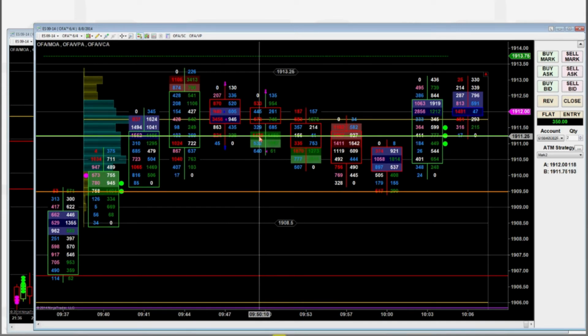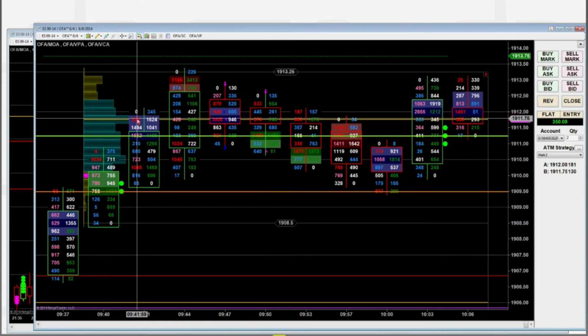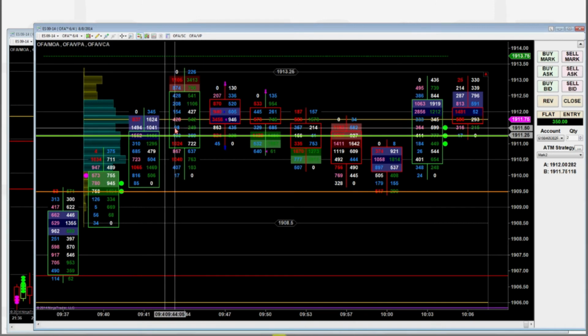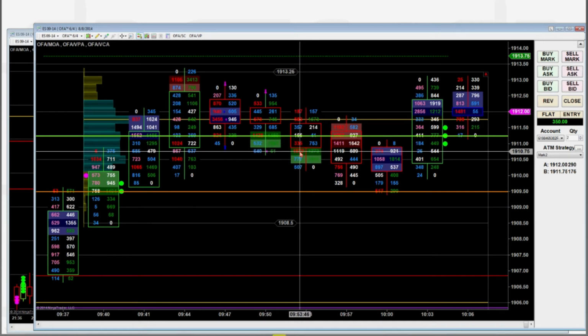Something's going on, or most likely going on, because normally this kind of profile would make this a great trade. The way this set up would make this a great trade. And the fact that we had more activity at the bid coming in underneath it just didn't make sense. Now again, the market can and will do anything it wants to do, and we have to be prepared for that.